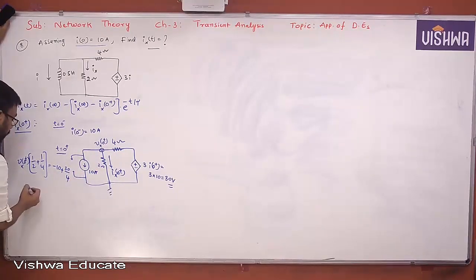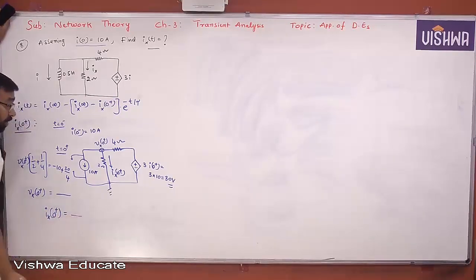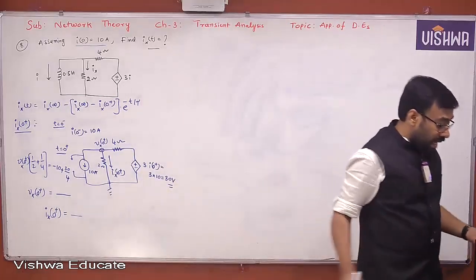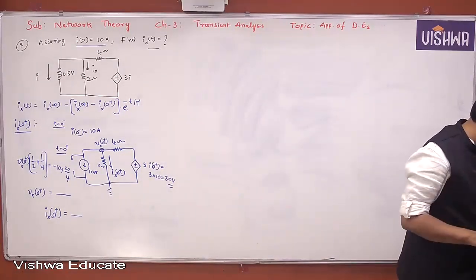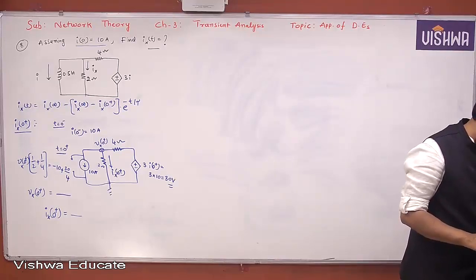So what do you get here? You need to find Vx of 0 plus. Once you find Vx of 0 plus, you can find what is Ix of 0 plus. Understand all of you? You can calculate that. Otherwise, I'll give you that answer here.